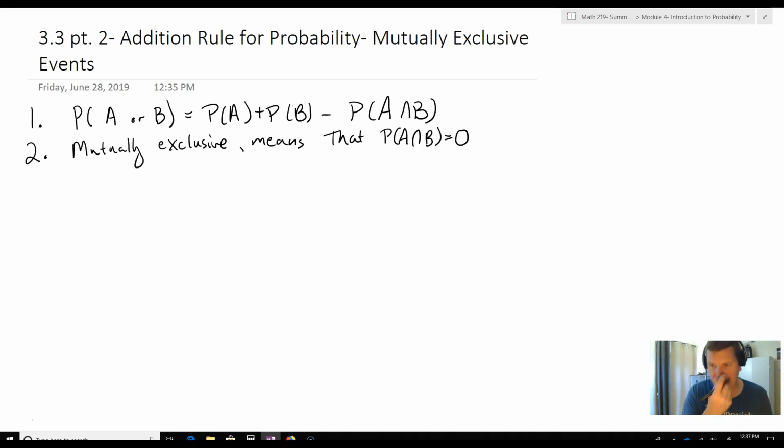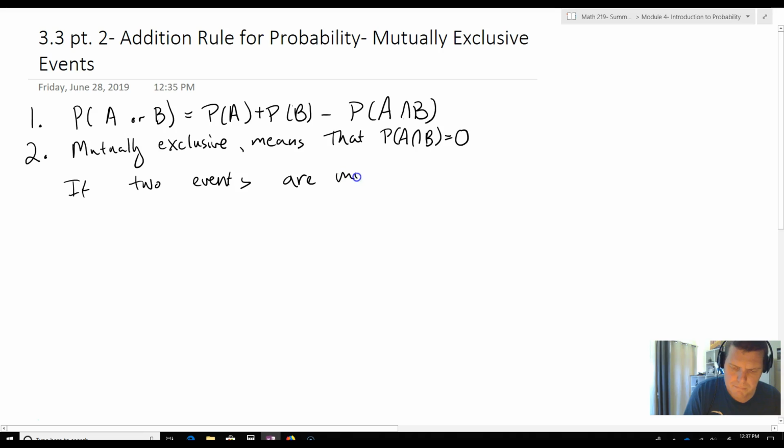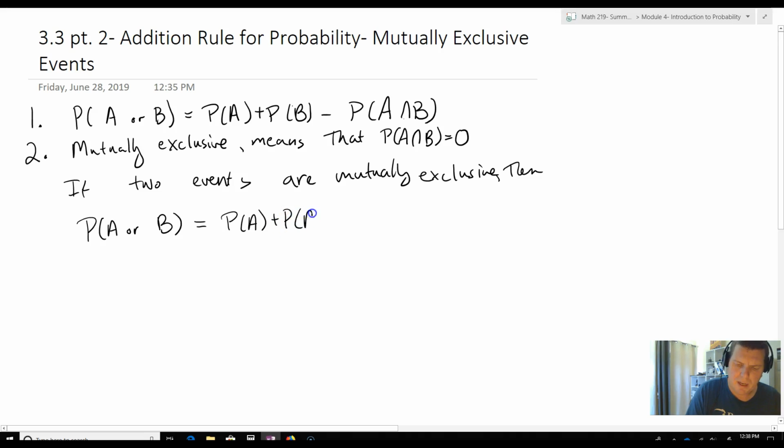Well, you can kind of see if you're paying attention or focusing on the right thing, you can see that that changes. If two events are mutually exclusive, so that's a piece of information that we know about the two events, then the probability of A or B is going to equal, again, the probability of A plus the probability of B, but this thing right there, probability of A intersect B, is going to be 0.